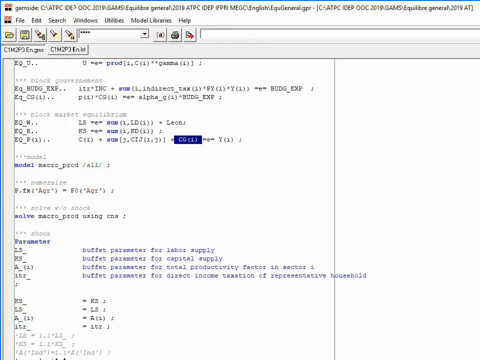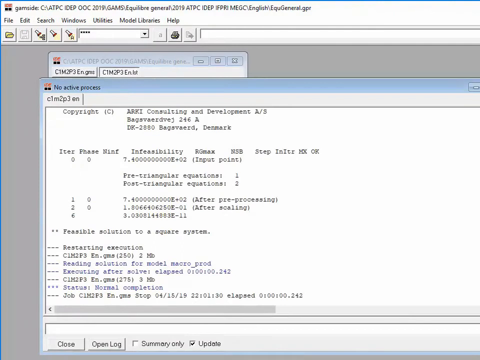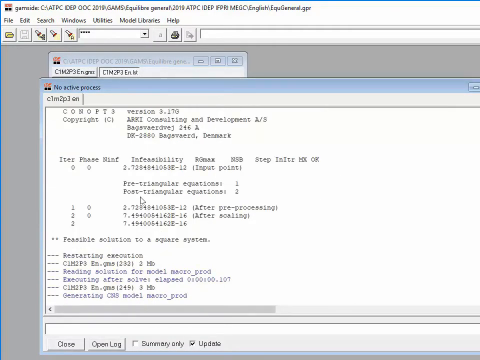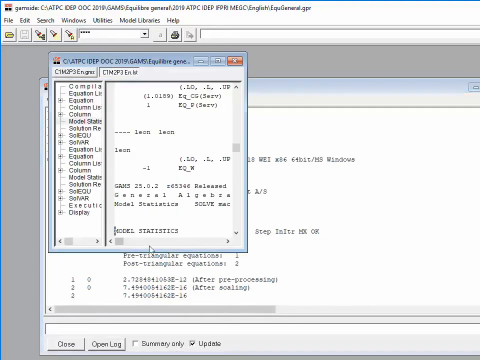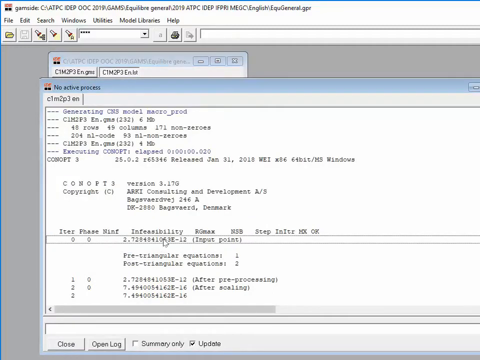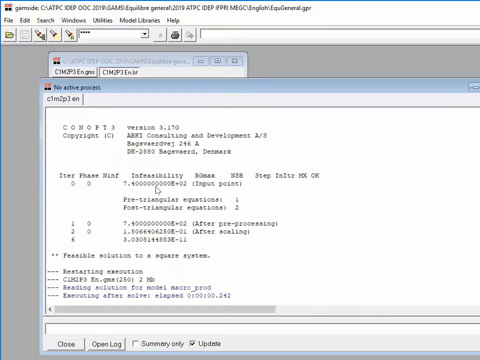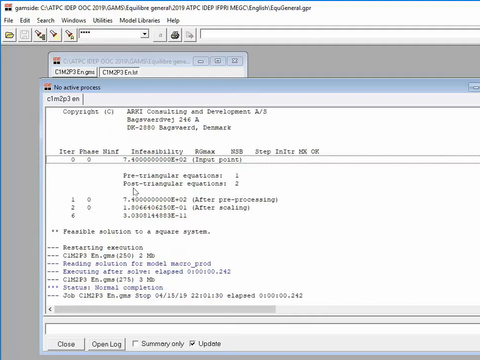If I run the program, I see that the model is well calibrated, because in the process window, the first solve starts with an initial infeasibility which is very close to 0. And then the second solve starts with an initial infeasibility which is 740. It's normal because now equations of the model are no more respected.